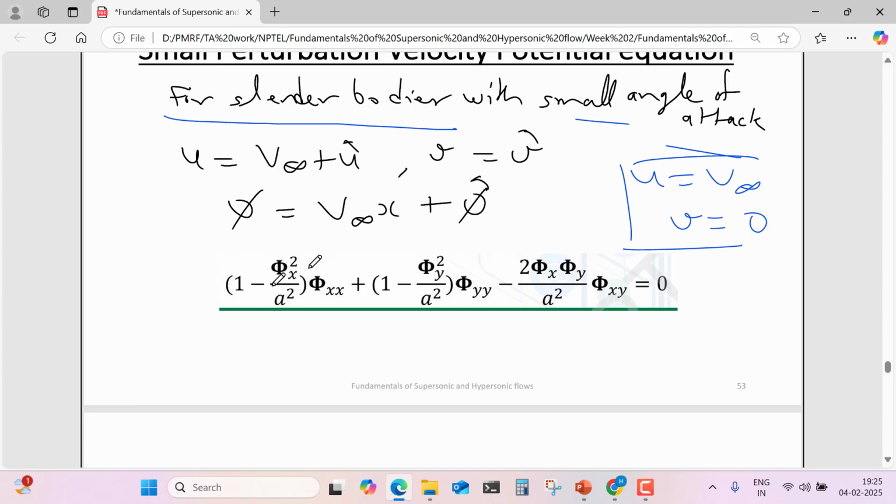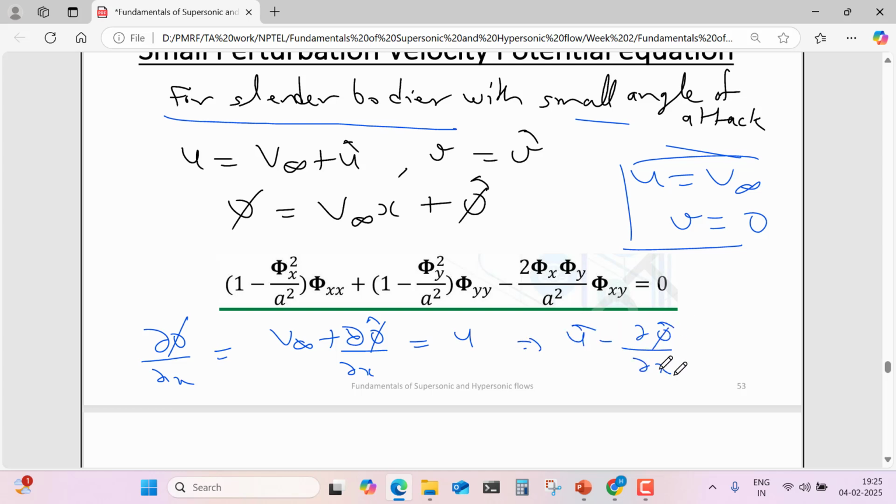Here, if we take the derivative of this, dou phi by dou x equal to u infinity plus dou phi cap by dou x. This is equal to nothing but u. So we will get u cap equal to dou phi cap upon dou x.